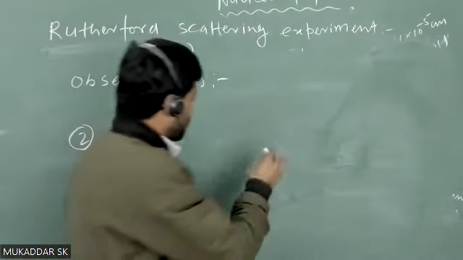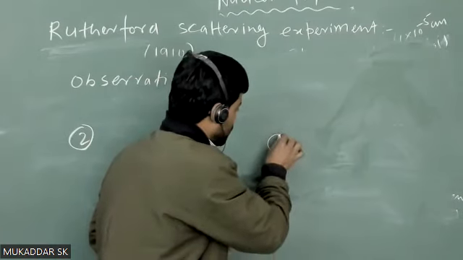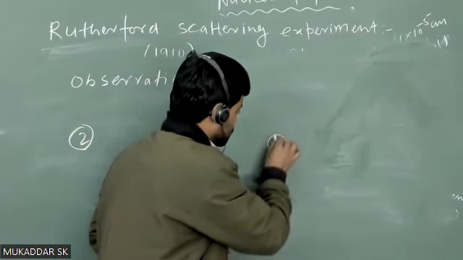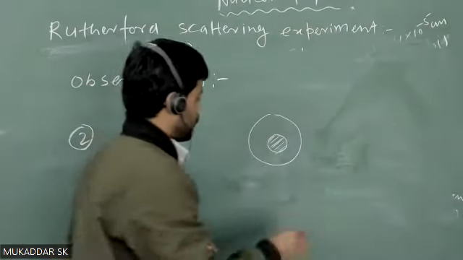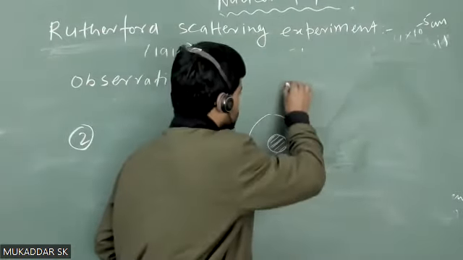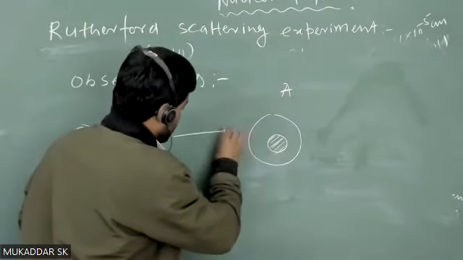So suppose you have a gold nucleus. This is the structure of gold, and this is the incident alpha particle.